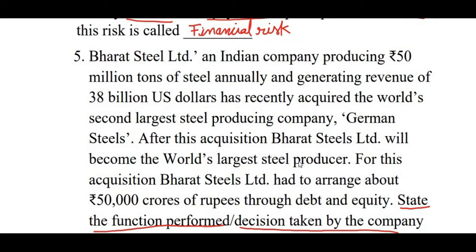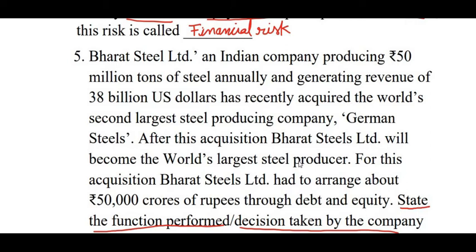Bharat Steel Limited, an Indian company producing 50 million tons of steel annually and generating revenue of $38 billion US, has recently acquired the world's second largest steel producing company, German Steels. After this acquisition, Bharat Steel Limited will become world's largest steel producer.